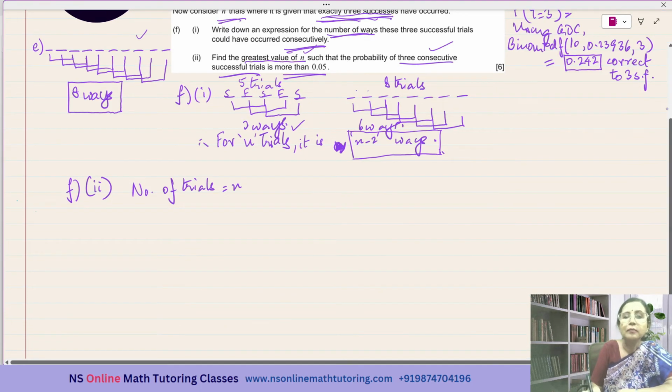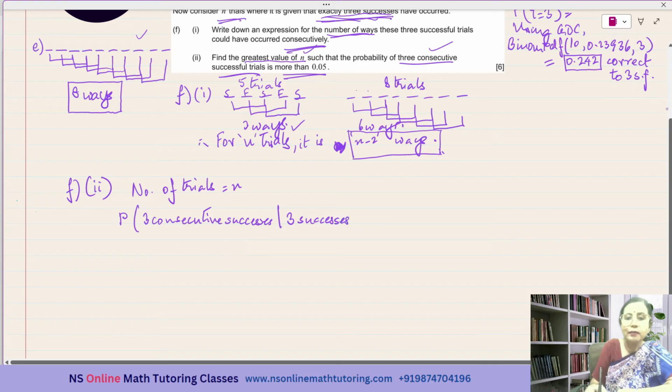And it is the conditional probability: 3 consecutive successes given that exactly 3 successes are there. Okay. So this is the conditional probability.